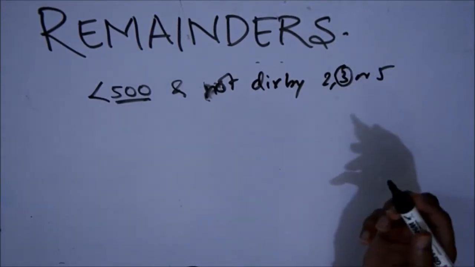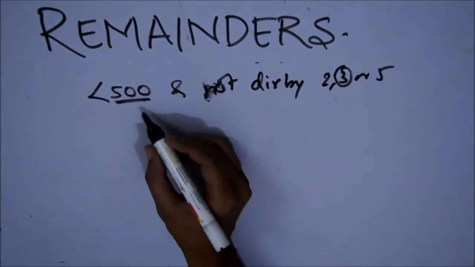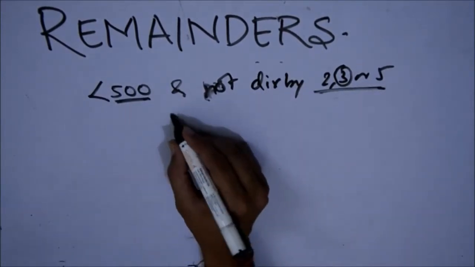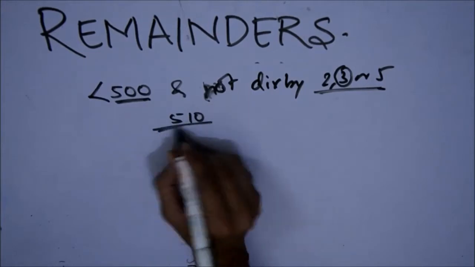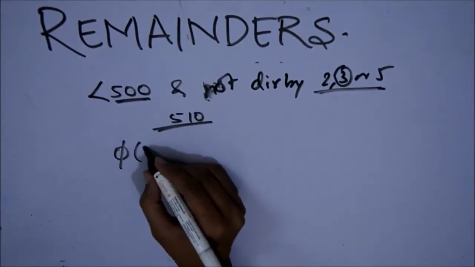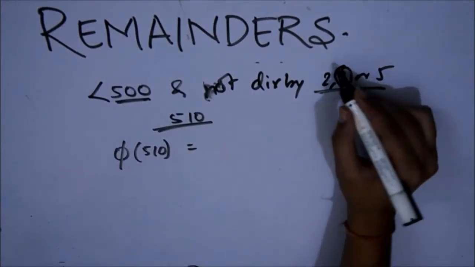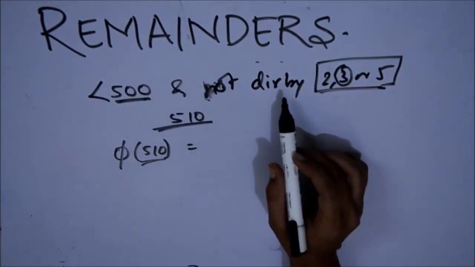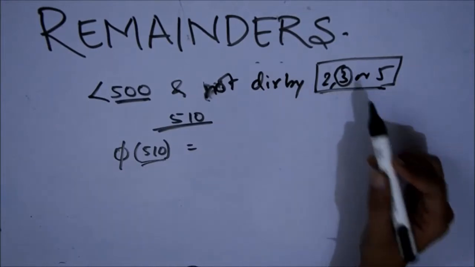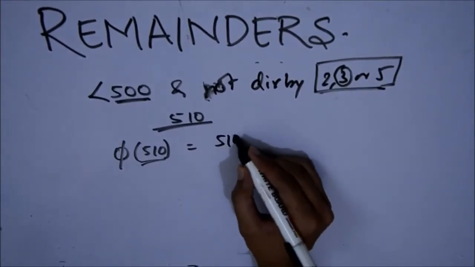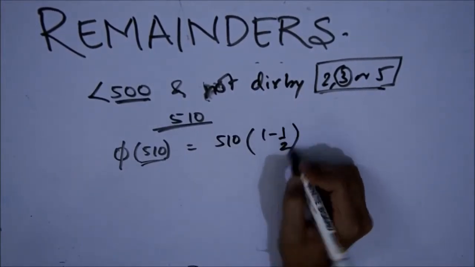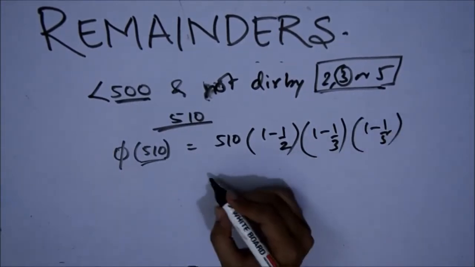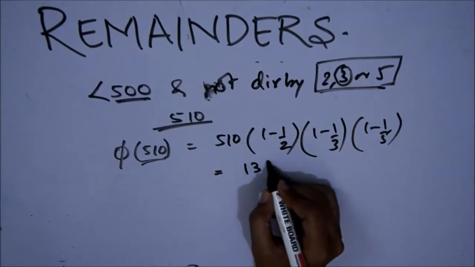So what we do is we calculate the nearest number that has all these three prime factors. In this case it will be 510. So we calculate phi of 510 considering only these three. 17 will also be a factor of 510, but since we have to calculate only not divisible by 2, 3 and 5, we will take only these three factors. Now this will give you 136.